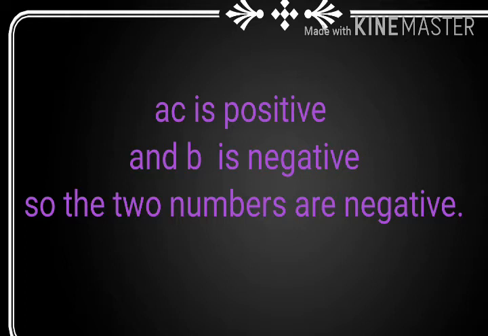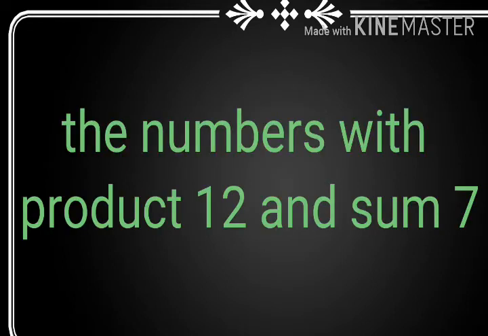If A into C is positive, the magnitude of B is the sum of the two numbers and the symbol of B is the symbol of the two numbers. So here the two numbers have a negative symbol, their sum will be 7 and their product will be 12. Okay, so here we want to find the numbers such that the product is 12 and the sum is 7.